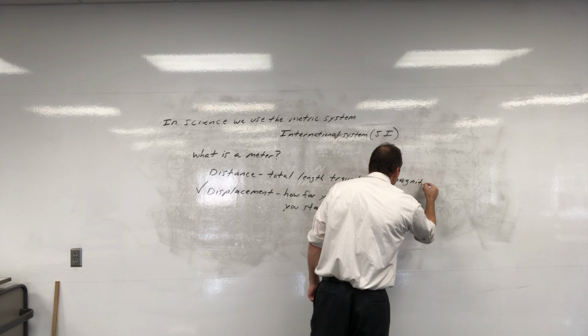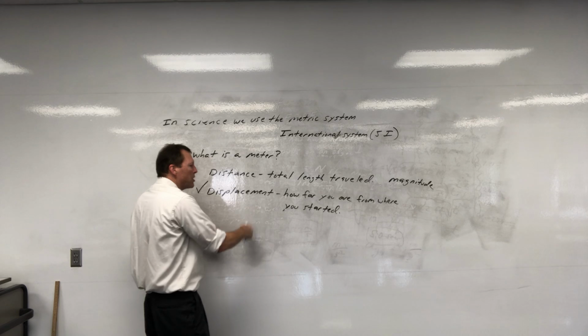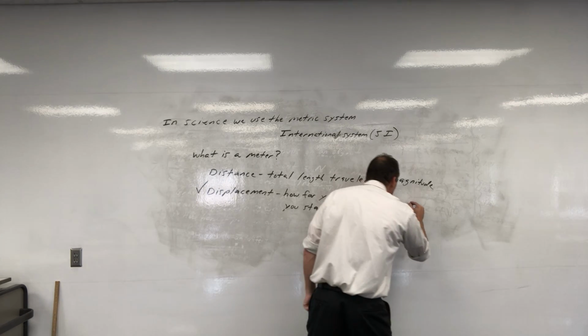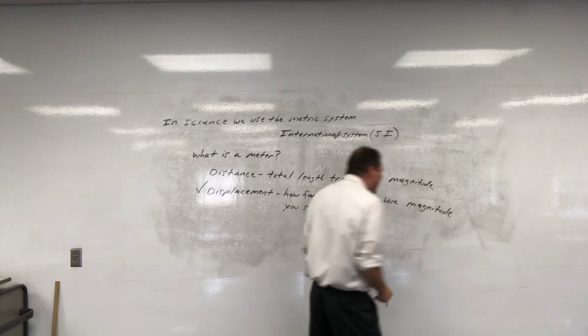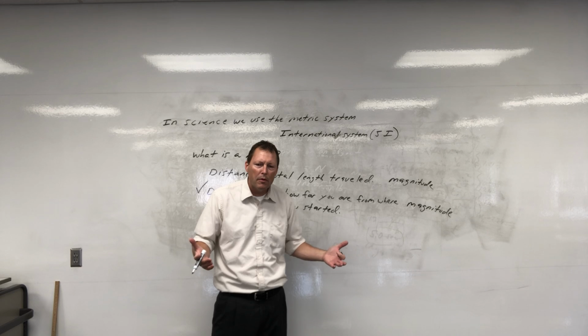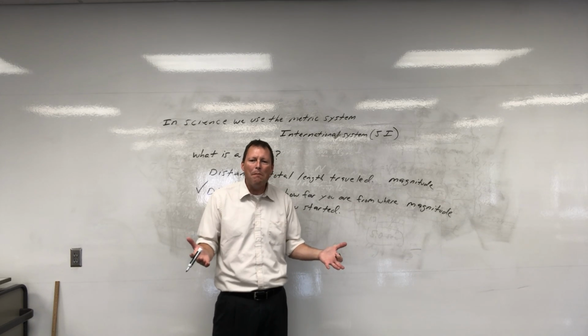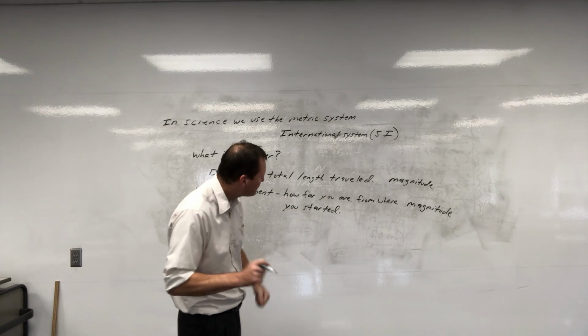Both of these quantities, distance and displacement, have a magnitude. Magnitude is simply the size of the number. So 3 meters would be a magnitude. 6 meters would be a magnitude.